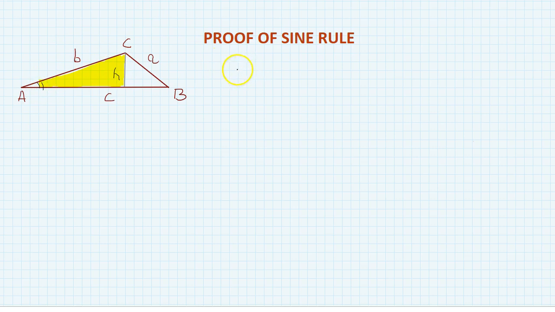So let's take sine. Sine of A is equal to opposite over hypotenuse. So opposite is h, over hypotenuse B. So it means h is equal to B sine A. In the same way, if we talk about this other triangle, this is also a right angle triangle.